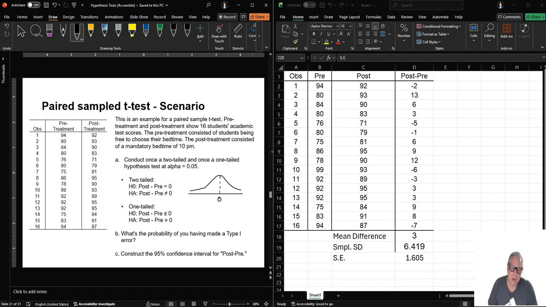But then it turned out that we got a sample where the difference, post minus pre, the average was actually 3. And our sampling distribution has a standard error, so we hypothesize that the mean under H0 is 0, and our standard error is 1.605.